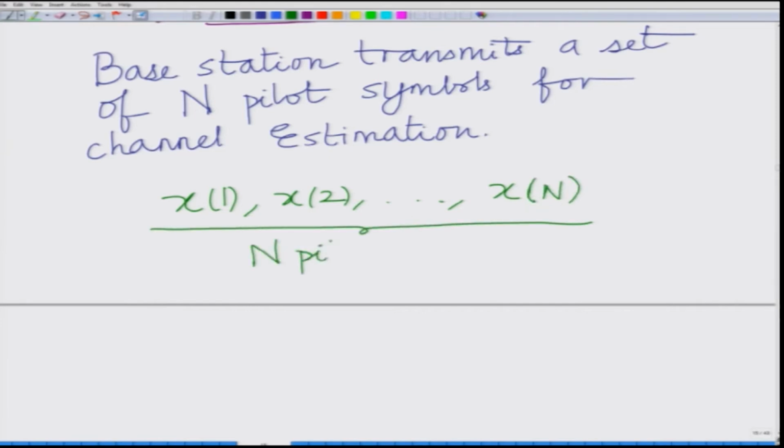These are the n pilot symbols transmitted for the purpose of channel estimation.